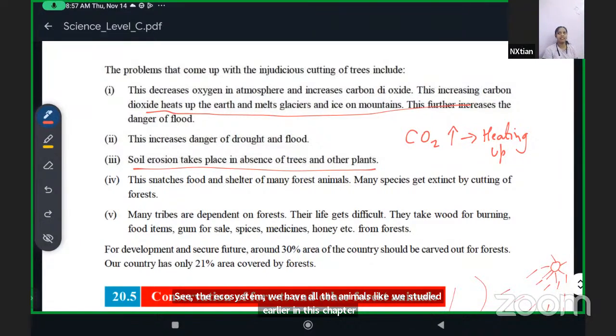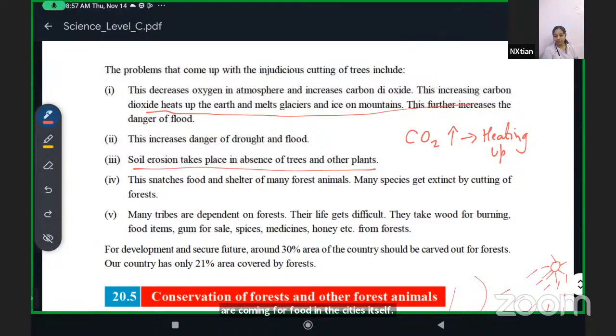If the lion doesn't get the deer to eat from the forest, who will the lion eat? He'll need food, so he'll be eating other organisms or maybe humans coming into the cities. There is less space as more people are born and forests are cut, so animals are coming for food into the cities itself.